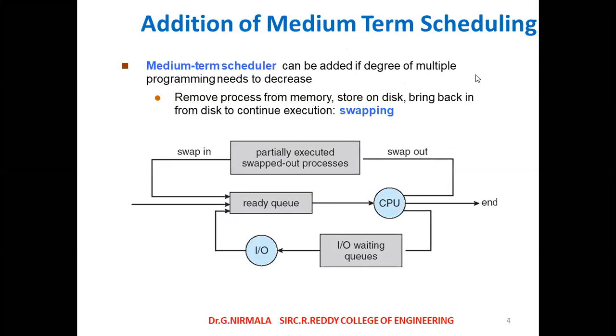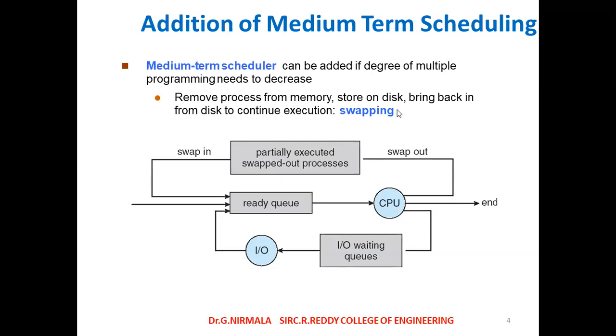The medium-term scheduler's functionality is that it removes the process from the memory, stores it onto the disk, and brings it back from the disk to memory again. That is called swapping. The process of removing the process from memory and placing it into the disk, and again moving it back from the disk to the main memory and continuing its execution, is called swapping.